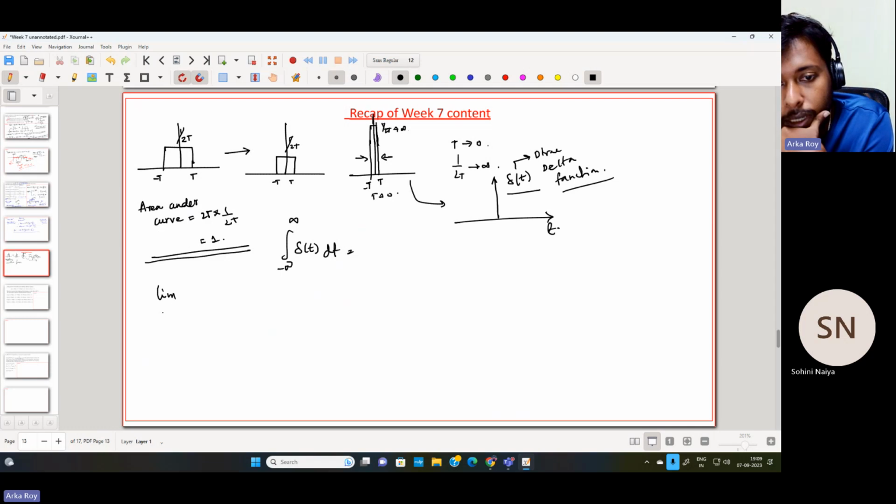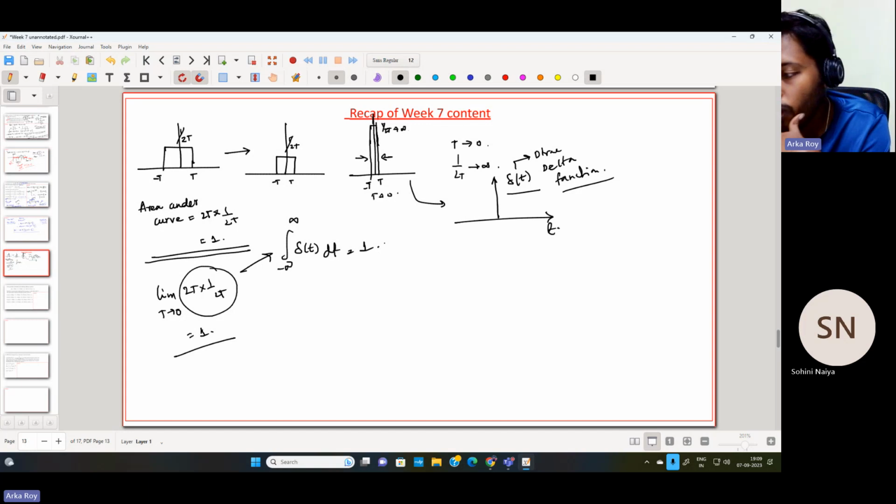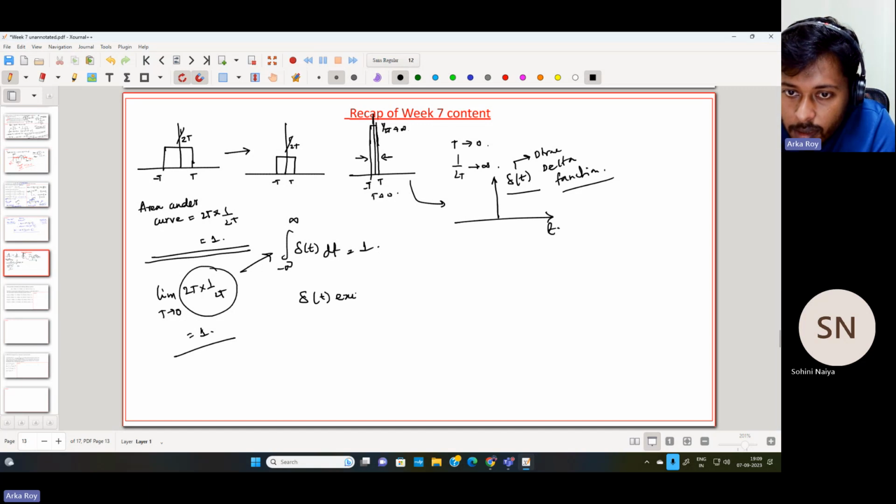So if I take the limit t tends to 0 of 2t into 1 upon 2t, the limiting value of this integral will still be 1. Delta t exists at t equals 0 and is 0 otherwise.